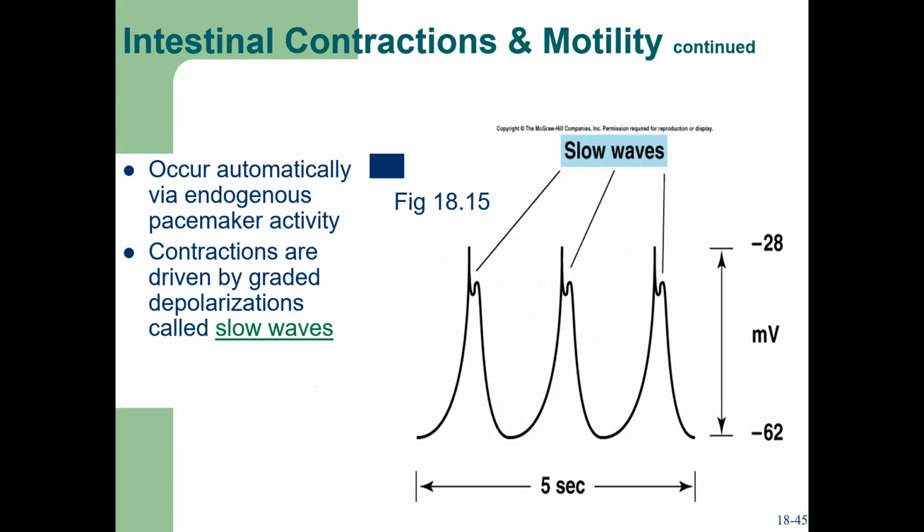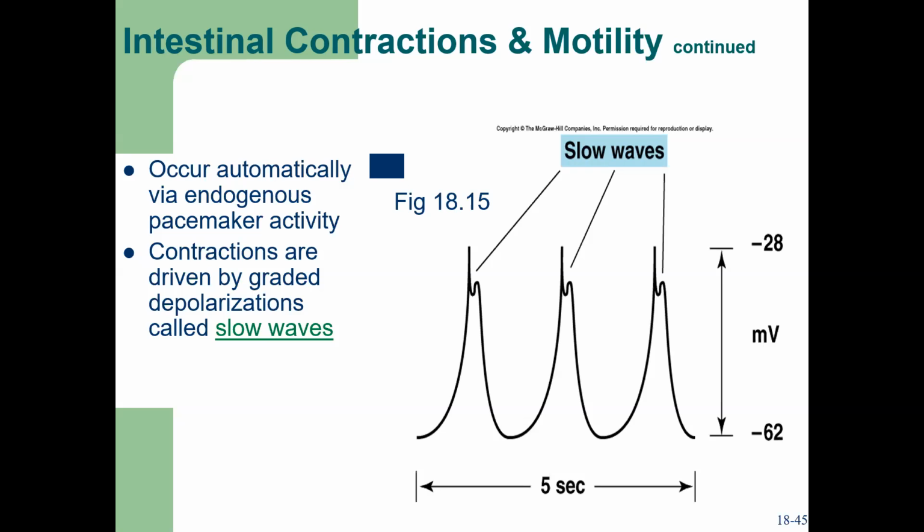These are called slow wave potentials. They can do so without any external stimulation from the neural or the endocrine system. And you can see the electrophysiology of these slow waves. They're very regular. You can kind of sort of set your watch by them.